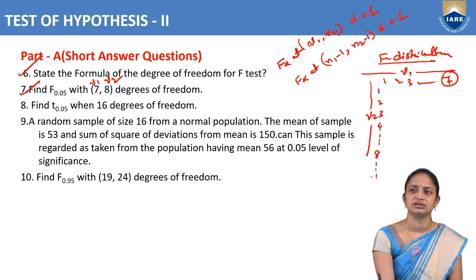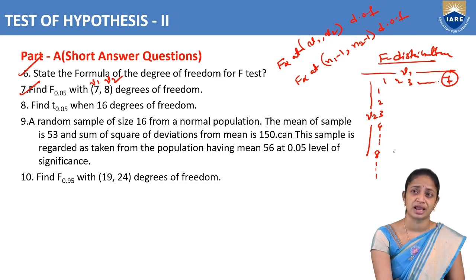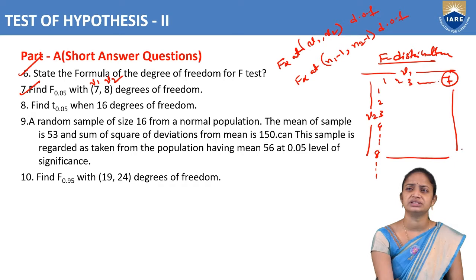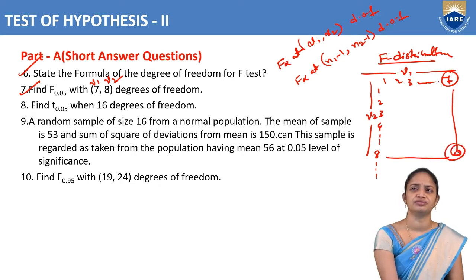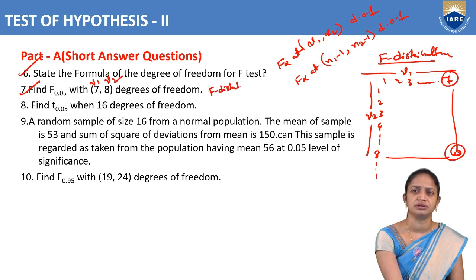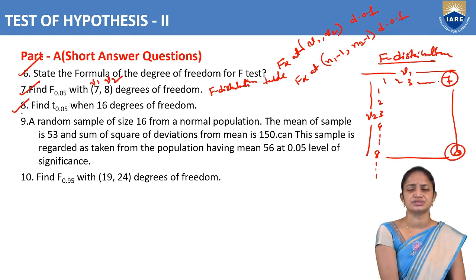So we have to take nu1 as 7 and nu2 as 8, and take this value from the F distribution table.